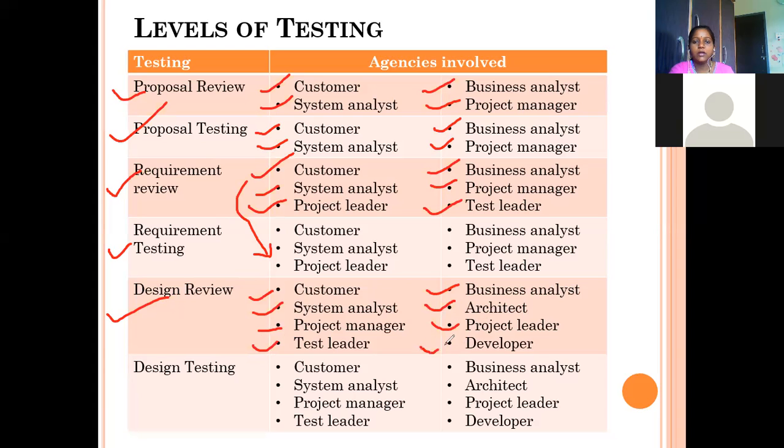And then comes your developer. Why does the developer come into the picture over here? Whatever design you did, whether it is executable or not, you are going to check over here. Executable means, suppose your architect has given some kind of design which is not at all understood by the people from the development team, so it is of no use. So a person from the development team should also be there.